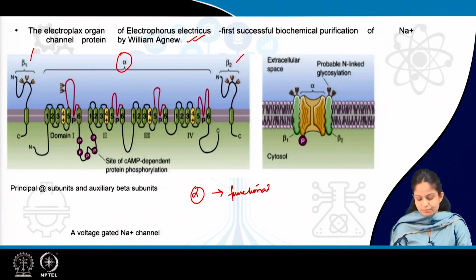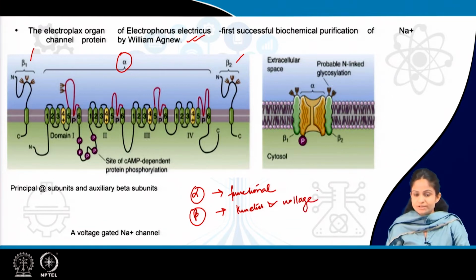So, the functional component is basically alpha, but it's not that the beta subunits are of no use. The kinetics and the voltage dependence required for the gating mechanism are mainly handled by the beta subunits. But we will put more focus on the alpha subunit.